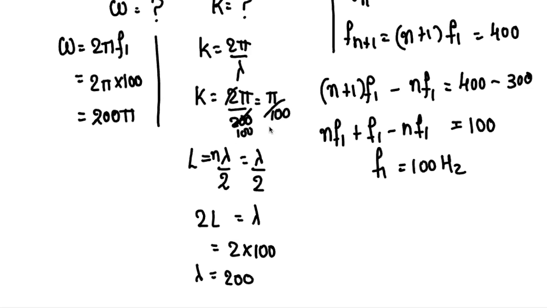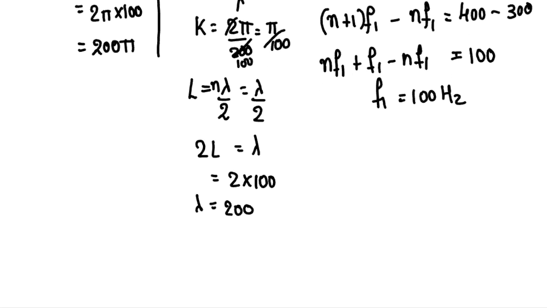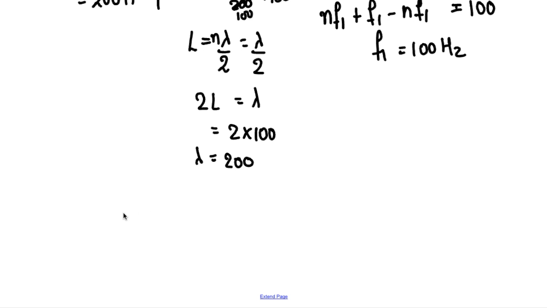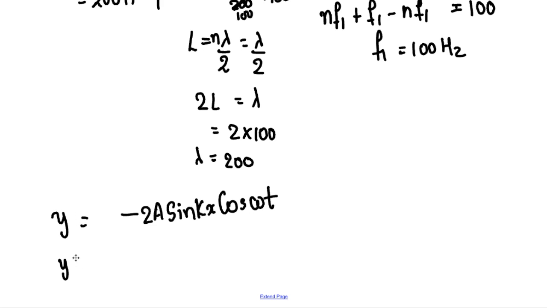Now I have got k, I have got omega. Putting these values in our standard equation, that is minus 2a sine kx cos omega t, that is equal to minus of 2a.